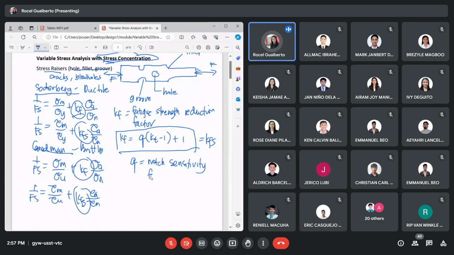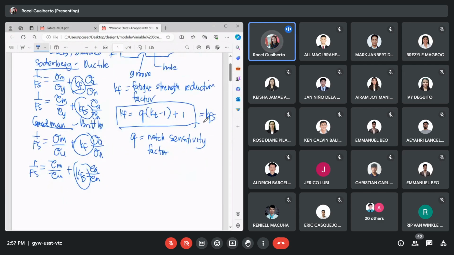Okay, so this is called the notch sensitivity factor, and this can be obtained using figure AF7. Everybody, get your design table and look for figure AF7. I think that is on page 21. Please check.